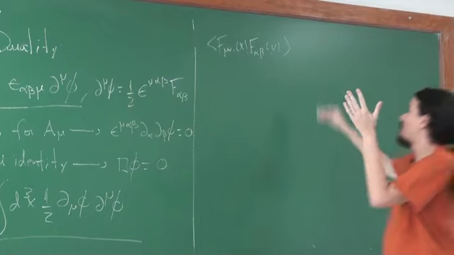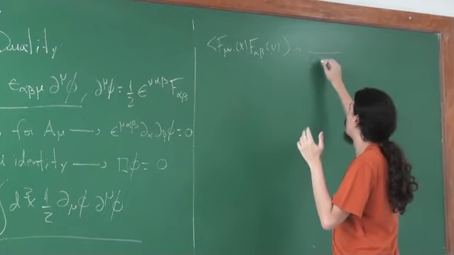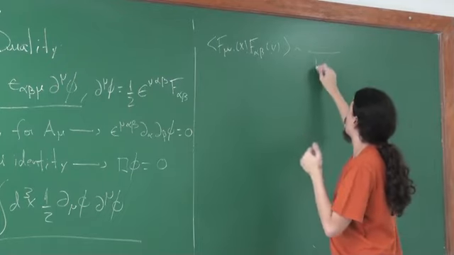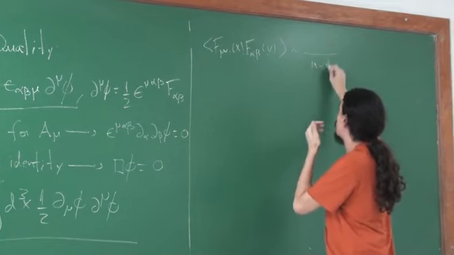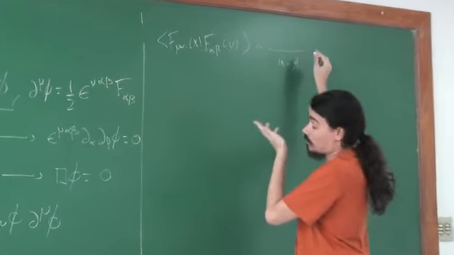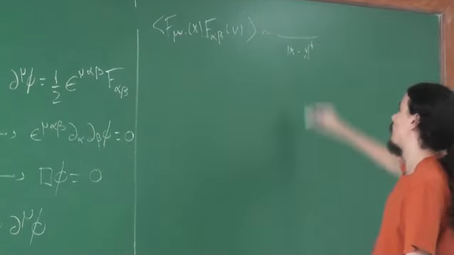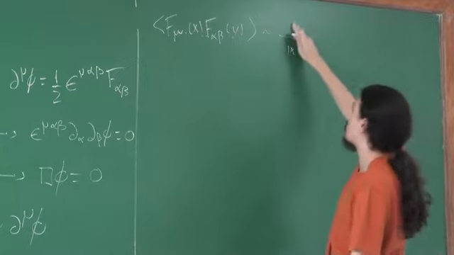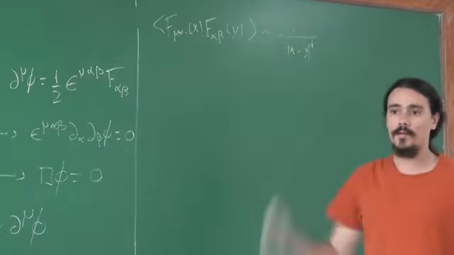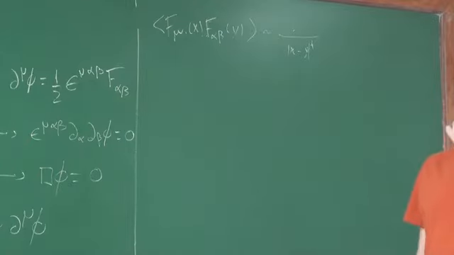And this uses x minus y. At least in 4 dimensions, it goes to the 4th power. And you can normalize this. You have some tensor structure here, but an overall constant of 1. But this will only show you that the scale invariance is not broken by quantum fluctuations or whatever.